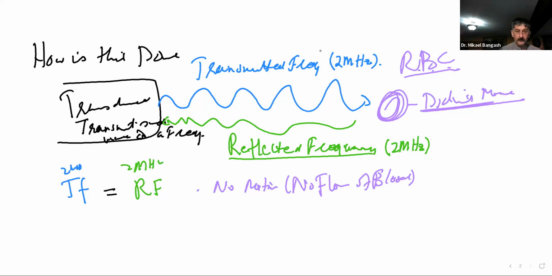Now, the other instance could be that your transmitted frequency is at 2 megahertz, but the reflected frequency is greater than that, for instance any number greater than 2, let's say 2.2 megahertz.